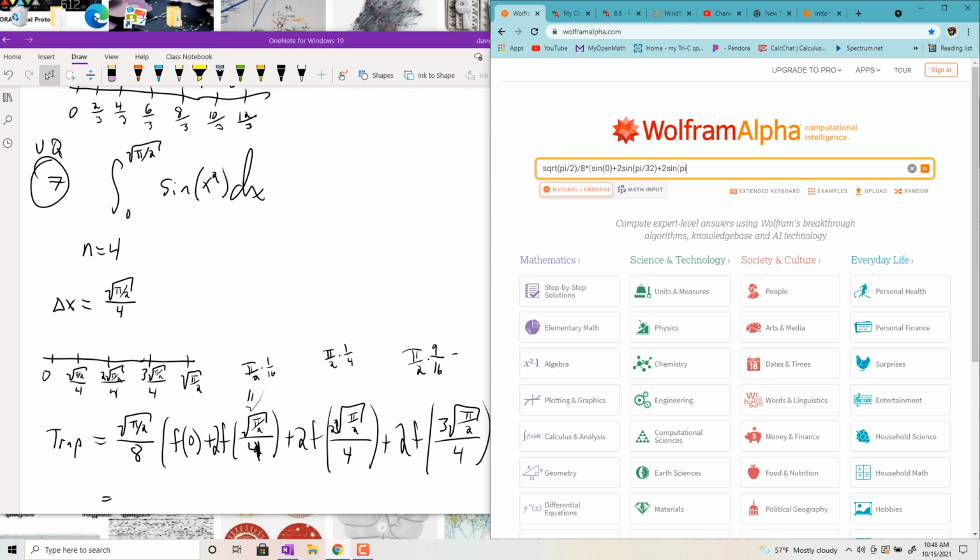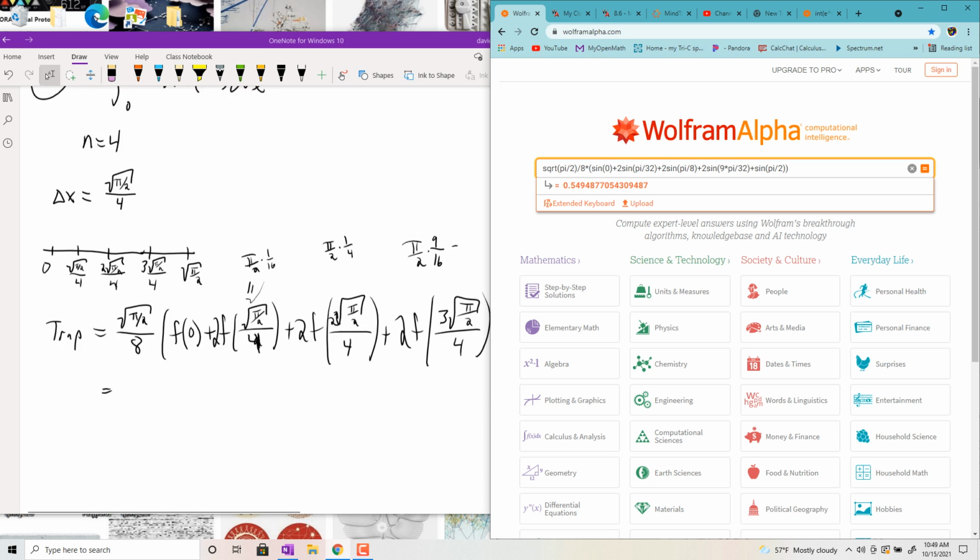Which one am I on? The third one. So it's pi over 8 plus 2 sine of 9 pi over 32. And I bet they want a multiplication symbol in here. Plus, and the last one, sine of pi over 2.